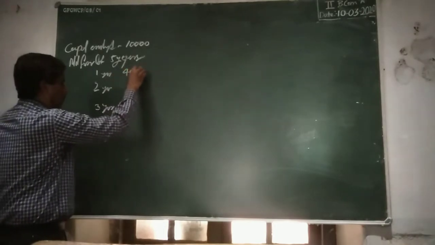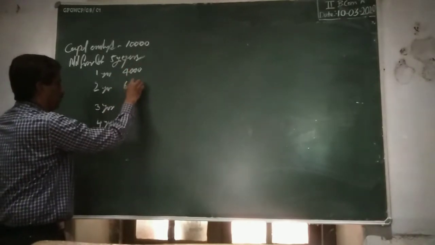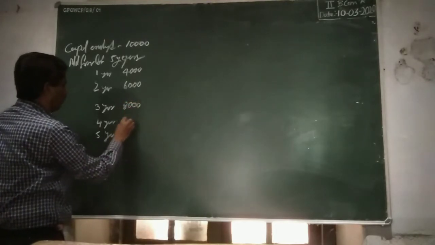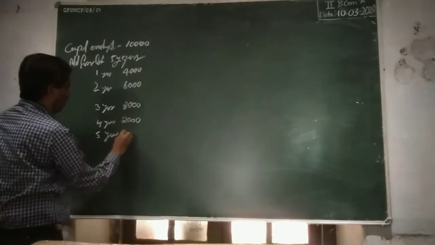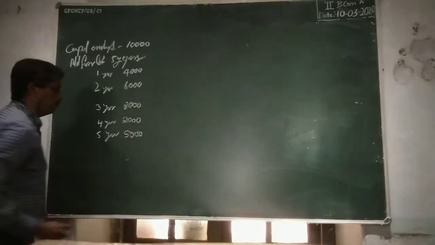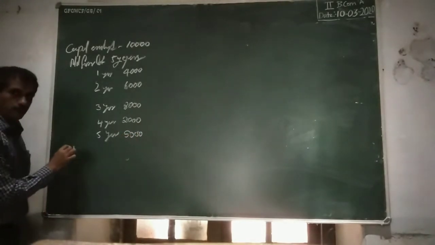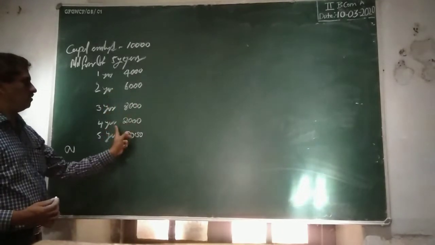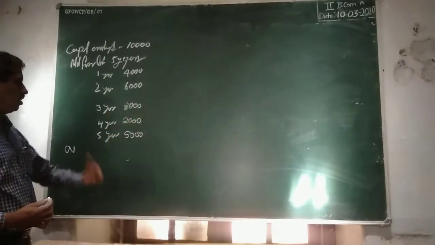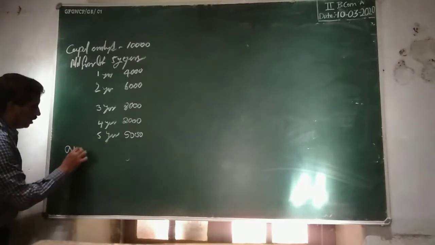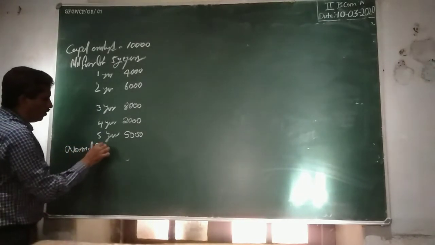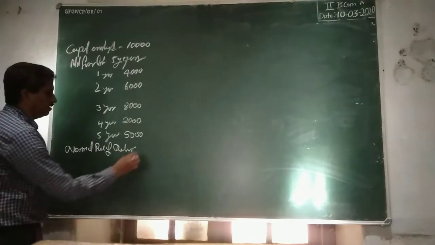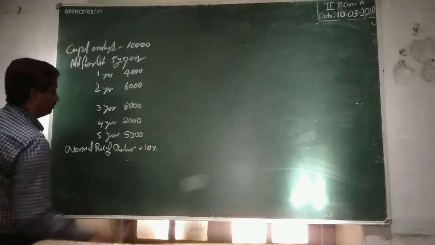4,000, 6,000, 8,000, 2,000, 5,000. Normal profit: first year is 4,000, second year is 6,000, third year is 8,000, fourth year is 2,000, fifth year is 5,000. Normal rate of return is 10%.